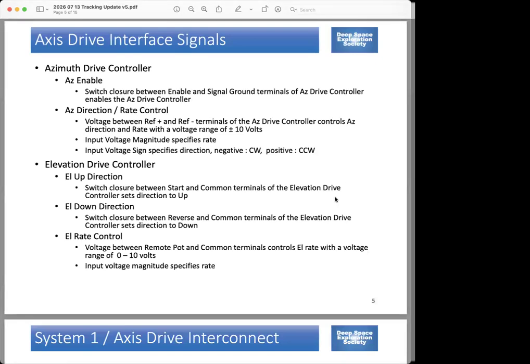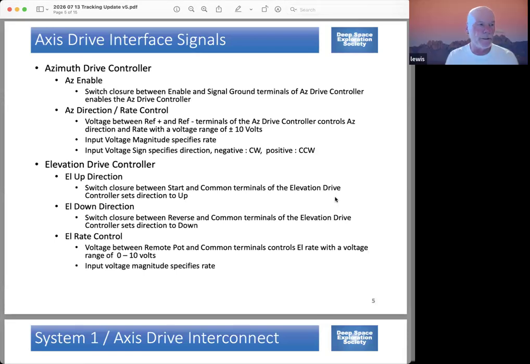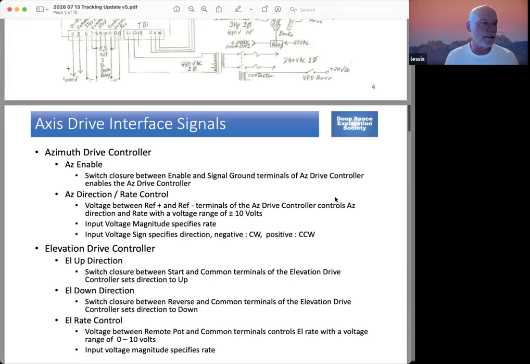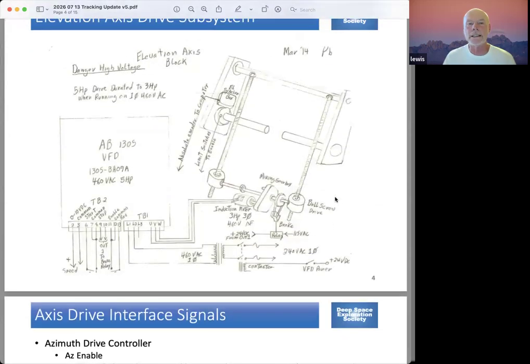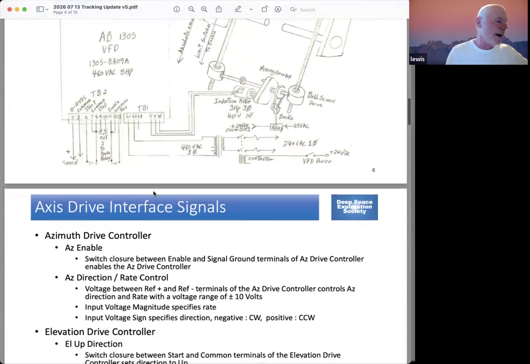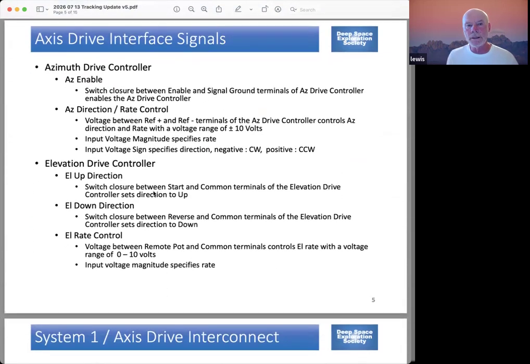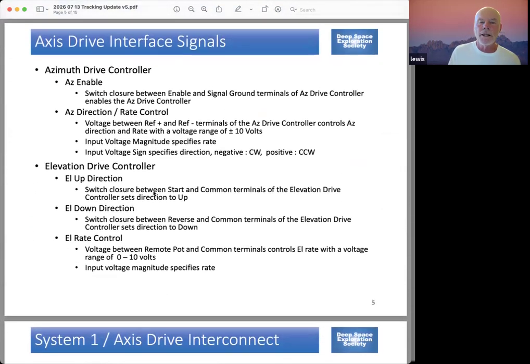Is there a serial interface on there at all for controlling it? I think there's a serial interface, but I haven't spent a lot of time studying that. I can go back and look that answer up in the Allen Bradley motor manual.